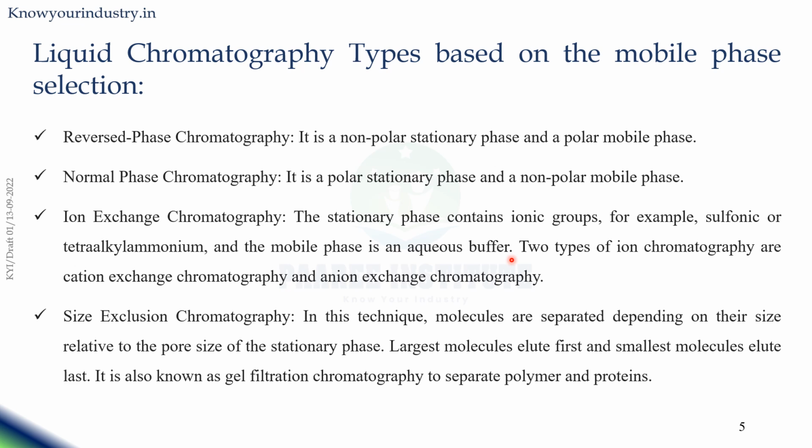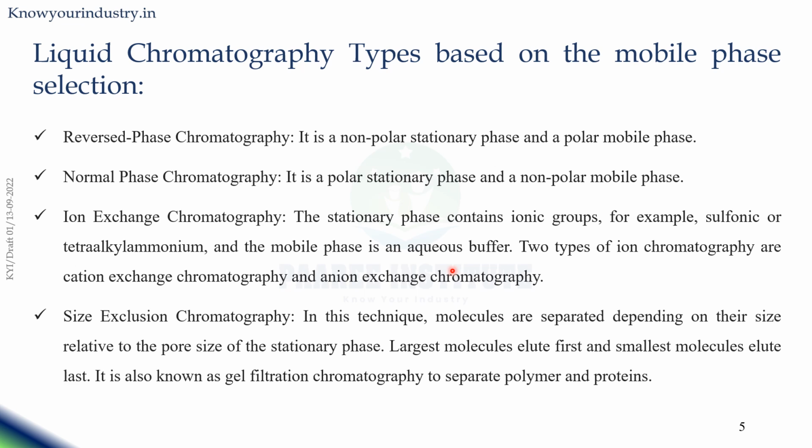So the column has certain kinds of ionic groups, and the mobile phase will be an aqueous buffer. The analytes we are going to measure are ions here, cations or anions. Based on the ions we are going to measure, a cation exchange column or an anion exchange column will be used.